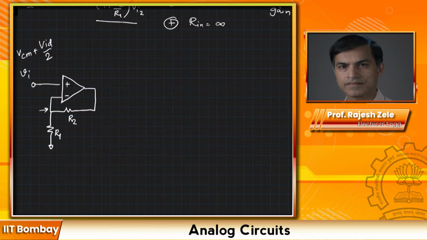Think about it. I'll give you 10 seconds to synthesize the information. The question is, if Vi is equal to VCM plus VID by 2, some voltage, what would be at the negative terminal of the op amp? Think about that for a second carefully.